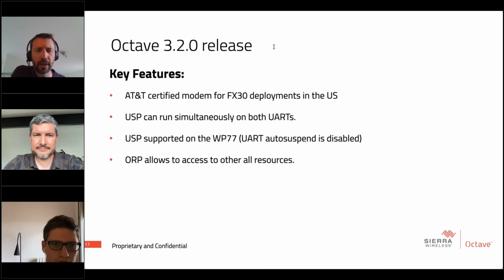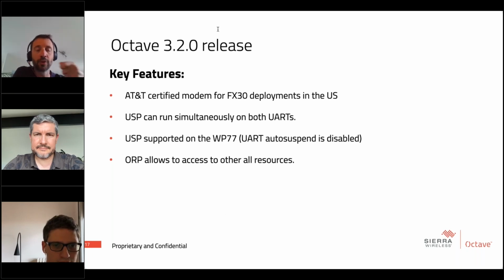And one other big change on the ORP side, whether in a generic fashion, whether you're using it on the WP, on the FX30, or on the Mangoh: the ORP now allows access to all other Octave resources. Before, ORP, which is the Southbound API or interface to connect an external controller to the Octave device, originally only had access to the ORP set of resources, a specific namespace, typically resources used for configuration, inputs and outputs.